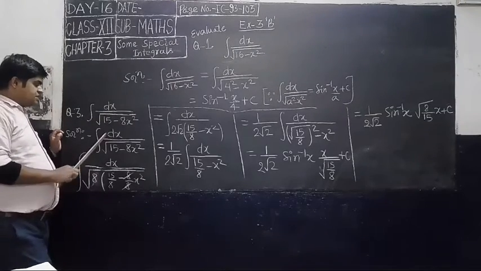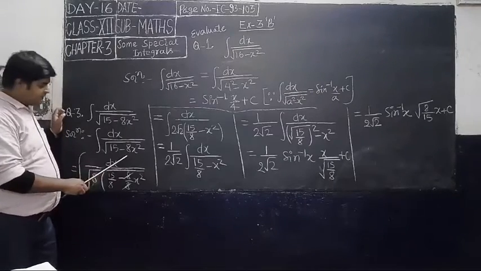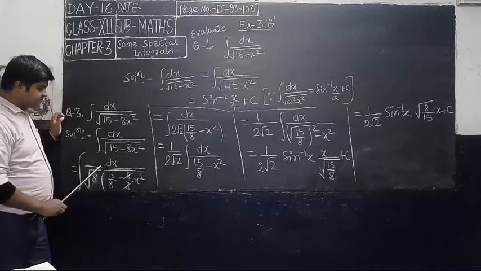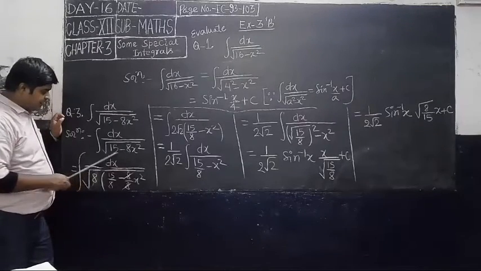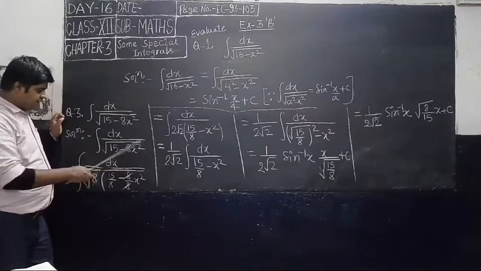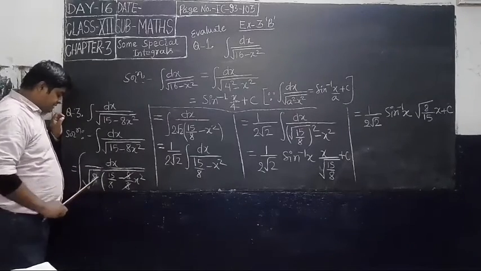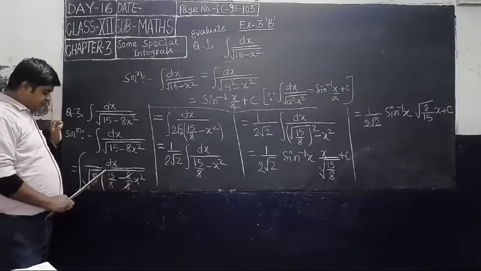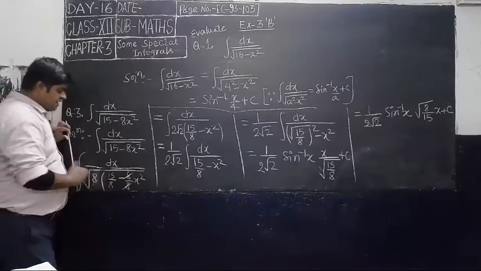The solution is integration dx by under root 15 minus 8x square. You will divide each term by 8, so it becomes x square. So you will multiply and divide by 8 inside the root: 8 under root, 15 by 8 minus 8 by 8 x square.